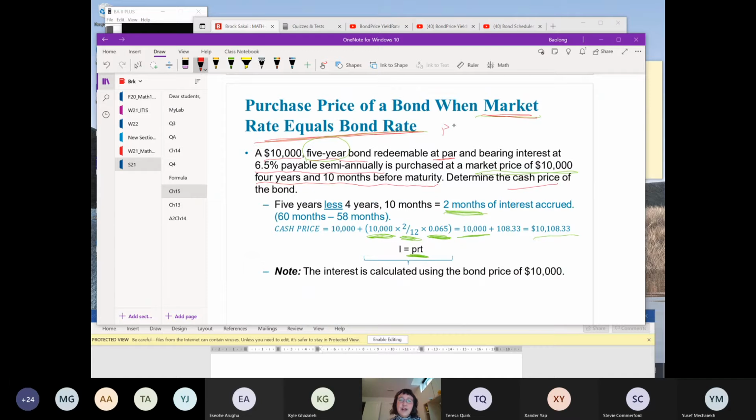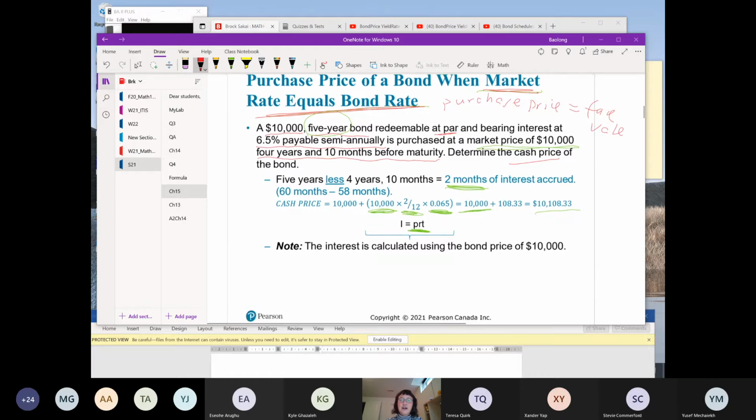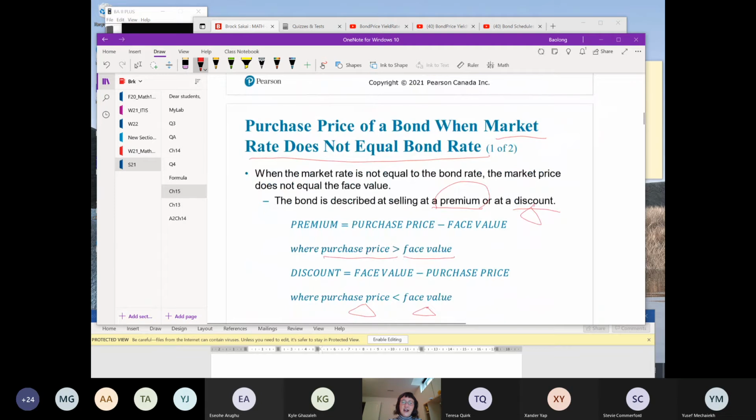When the purchase price does not equal face value, it is either greater than or smaller than face value.